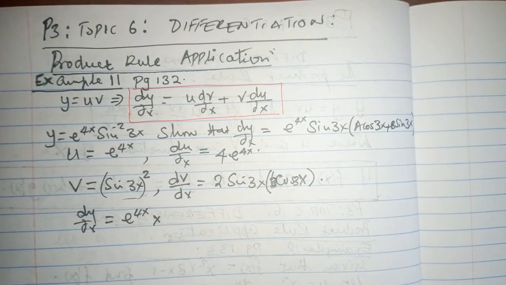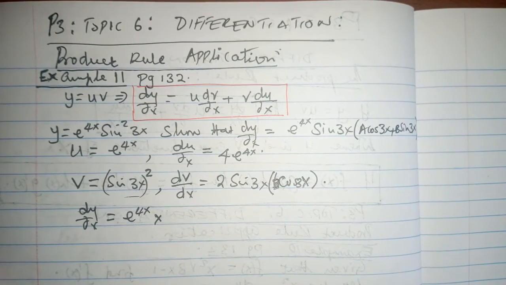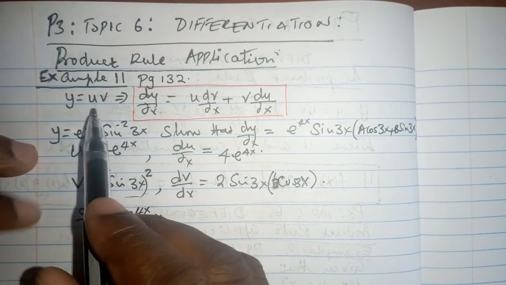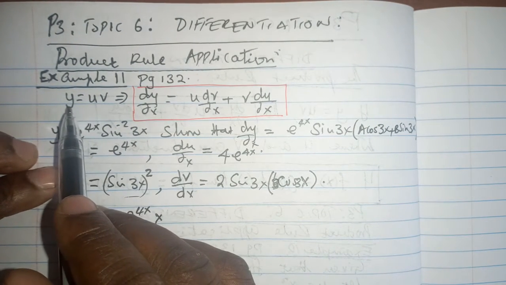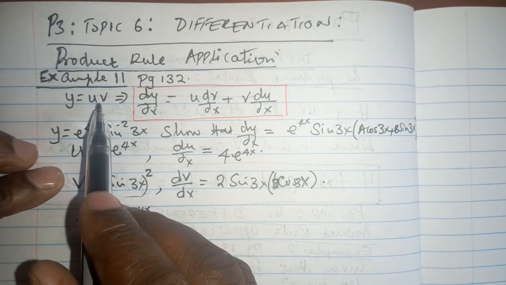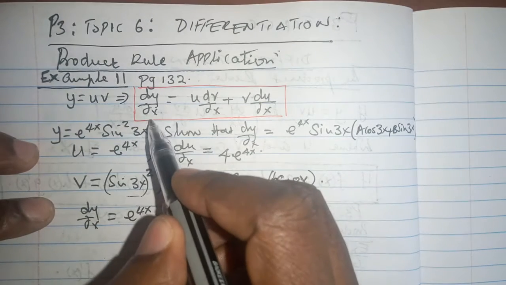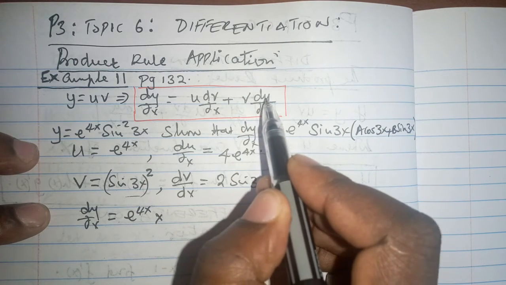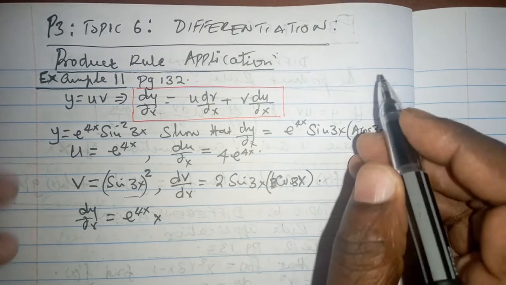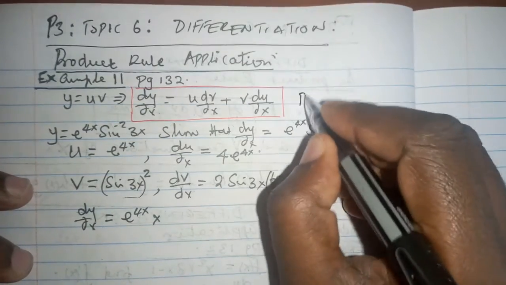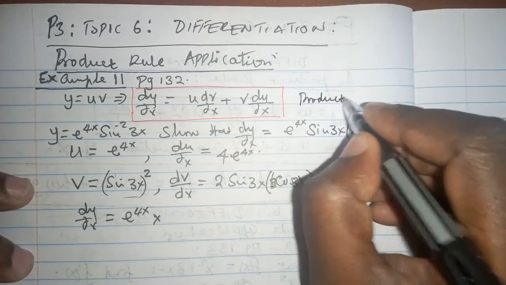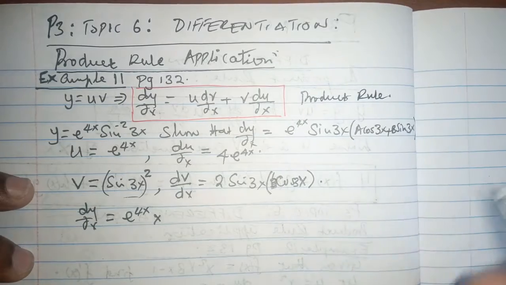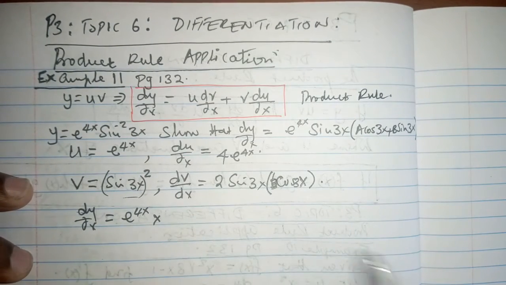We need to understand one thing, that previously we have heard that if you have a function u times v, then dy dx is given by u dv dx plus v du dx. This is simply the product rule, as it is widely referred.